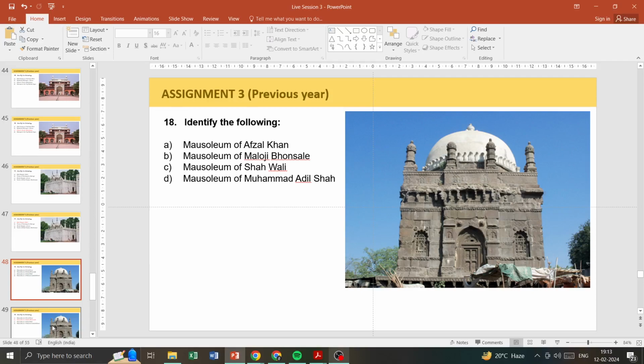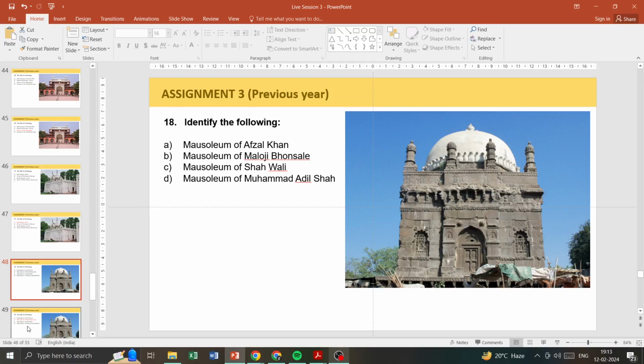So this is actually the mausoleum of Maloji Bhosle, who was the grandfather of Shivaji and the founder of the Maratha Confederacy, and he also served the Ahmednagar Sultanate. So this is a mausoleum dedicated to Maloji Bhosle, grandfather of Shivaji, who served in the Ahmednagar Sultanate.